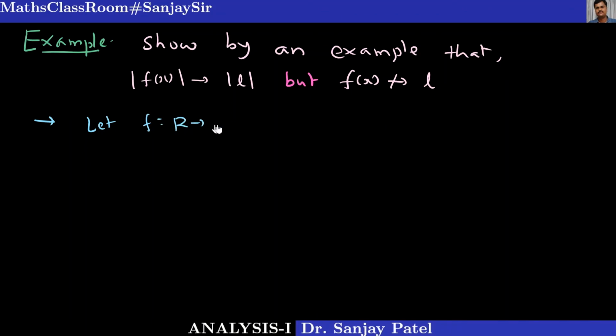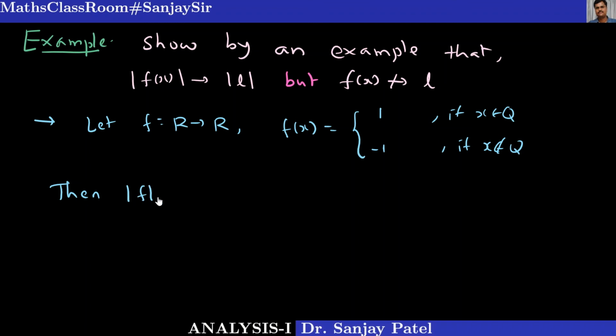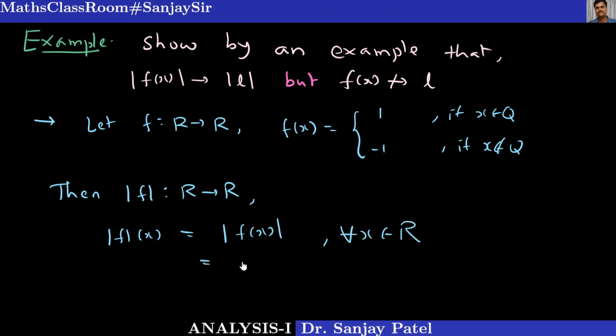Just let me write systematically that f from R to R be defined as f(x) is equal to 1 and minus 1 according to as x is rational or x is irrational, means x is not in Q. Then it is clear that the mod function mod f from R to R, which is defined as mod f(x) is equal to mod of f(x) for every x, that gives us always 1 whether x is rational or irrational, because if x is rational it is mod of 1, and if x is irrational it is minus 1.